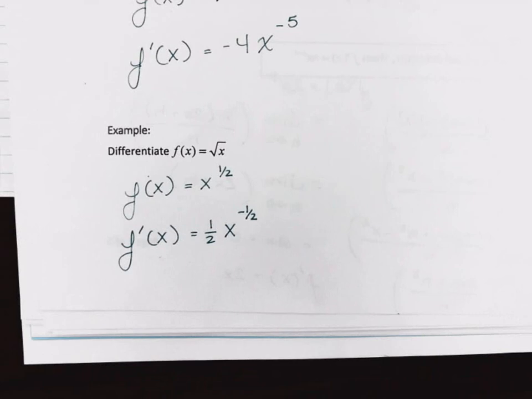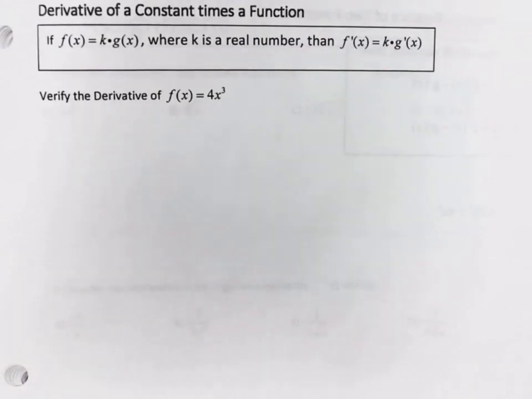I didn't show any math there, but I figure we're okay with that. 1/2 minus 1 leaves me with a negative 1/2. Okay, easy peasy. So that's kind of like how we're going to use the rule, and then there's just a couple of tricks that you probably want to leave it as a single exponent.